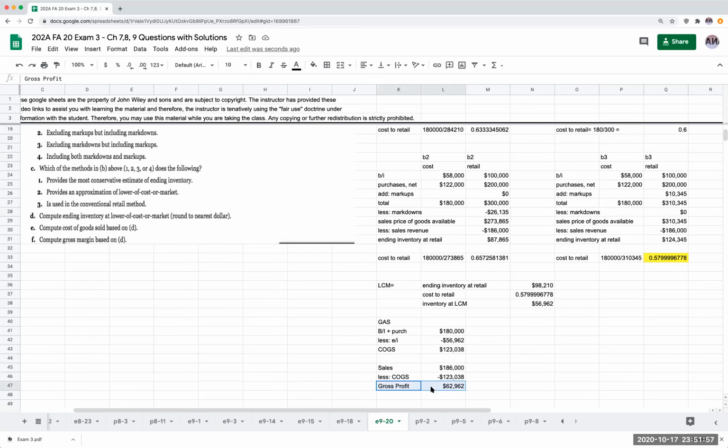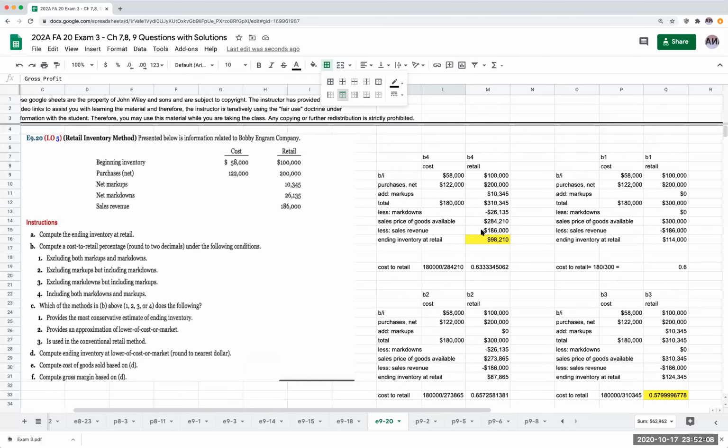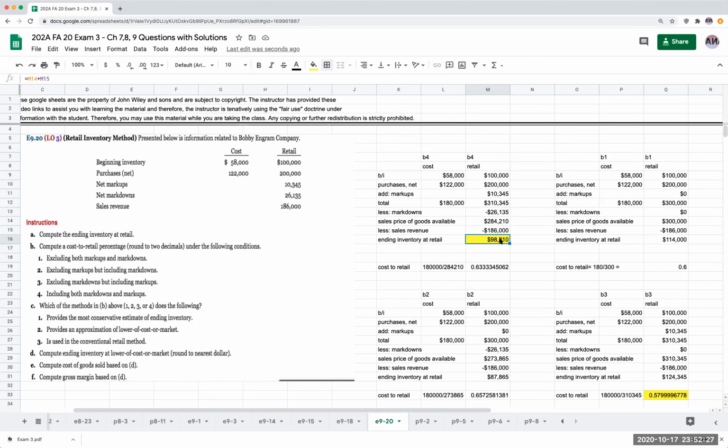So as I'm looking at this question, how do we look at this moving forward? Computing the ending inventory at retail, we're going to include both markups and markdowns, and that's going to give us this amount here. This is going to be the number we use for pretty much everything.